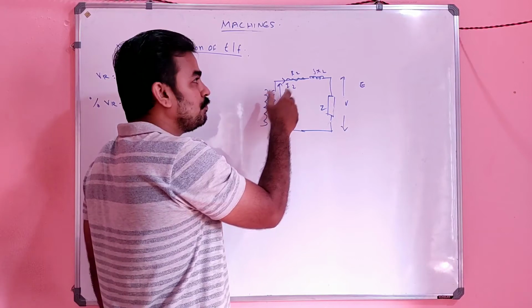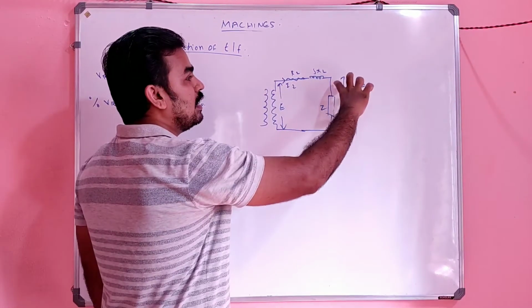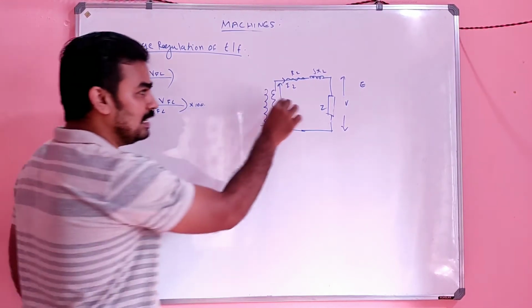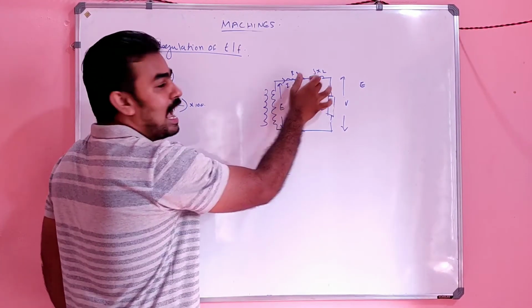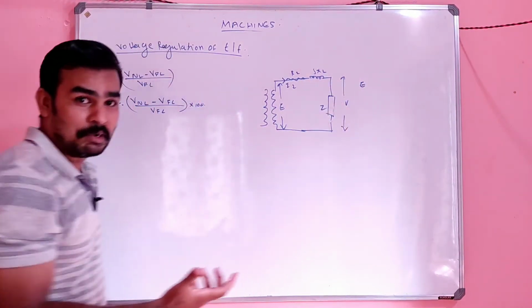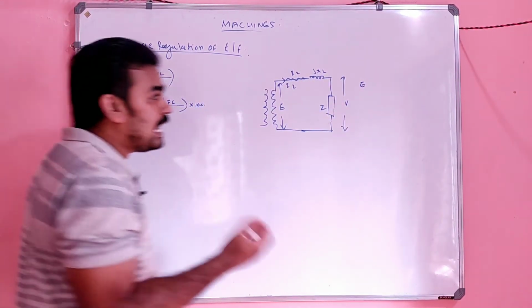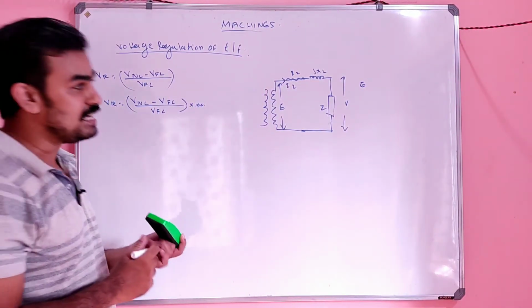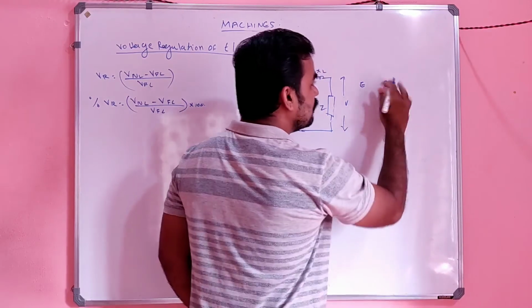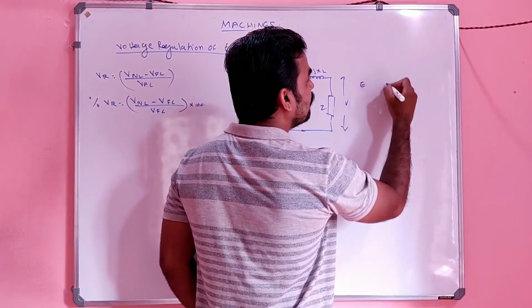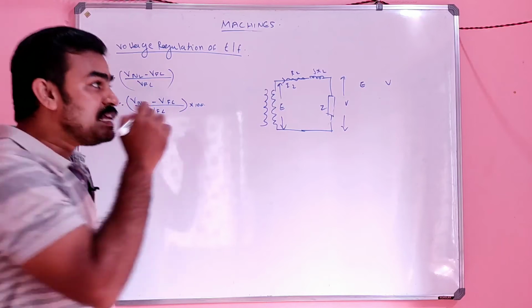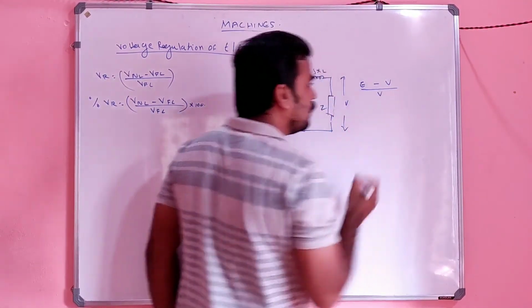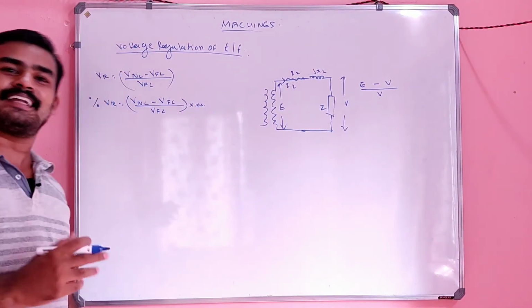From E, after this drop, the remaining voltage V is the terminal voltage, available across the load. So the load voltage is now reduced to V.